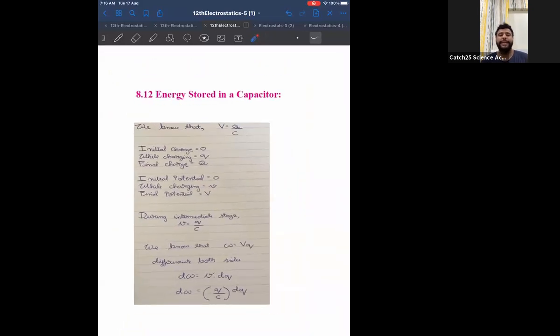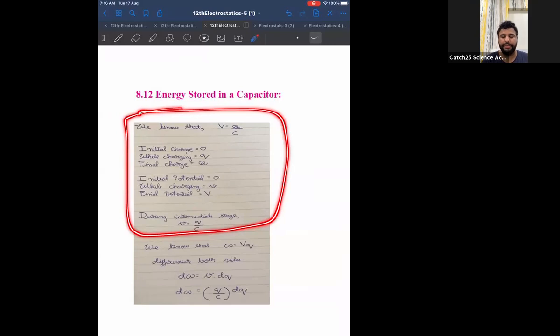The main heading is energy stored in a capacitor, and below that, write down from here till here.